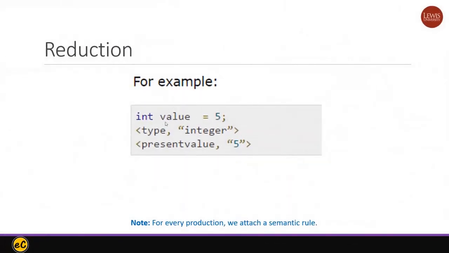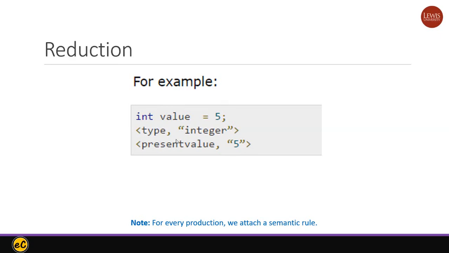And then the value of this one is coming from a constant five. So the type of the value is integer, and the value is coming from here. So there are two attributes.